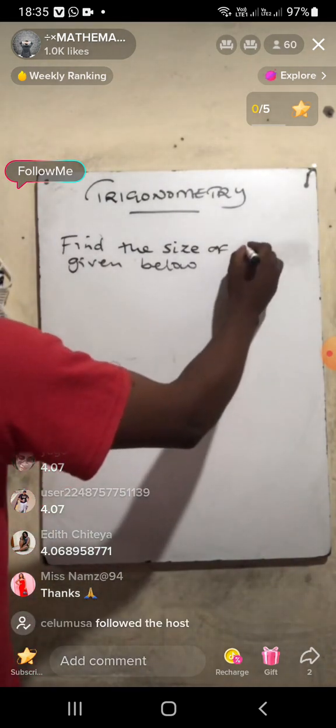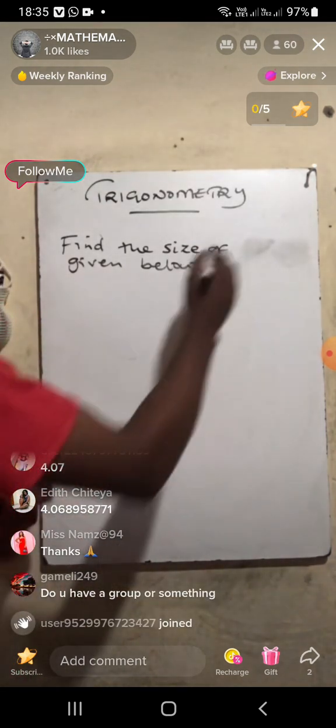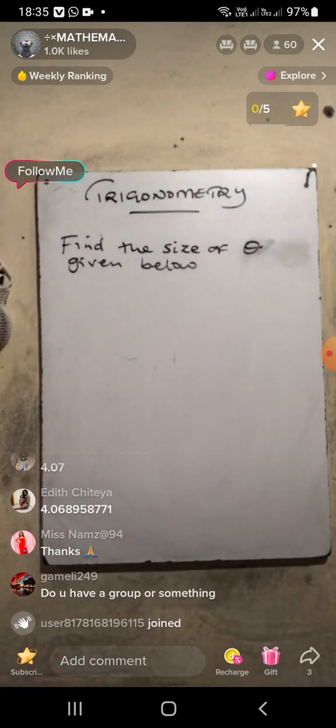Find the size of theta, something like this. Okay, so now my good friends, let's look at this. Let's try to find the size of an angle.